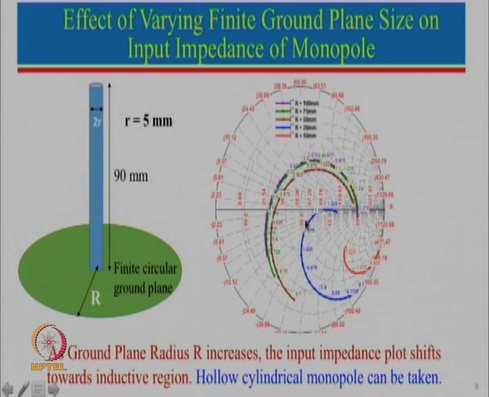If you take a ground plane size between this and this, you can get a response like this, and that may get perfectly matched with the 50 ohm line or a coaxial feed. So one can judiciously use this curve to design an optimally designed monopole antenna. But let us see now what the other effects are.